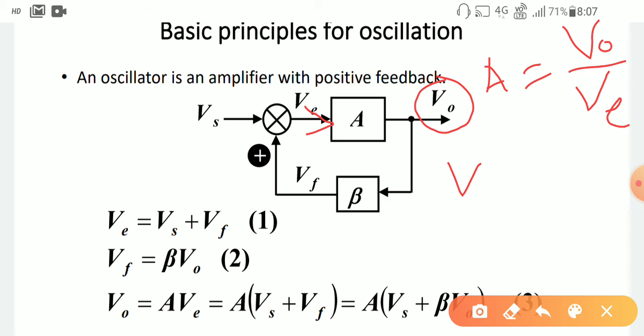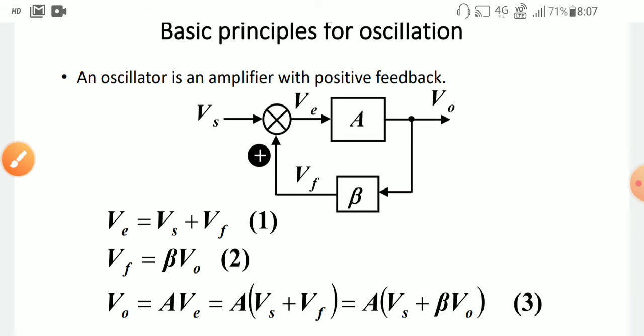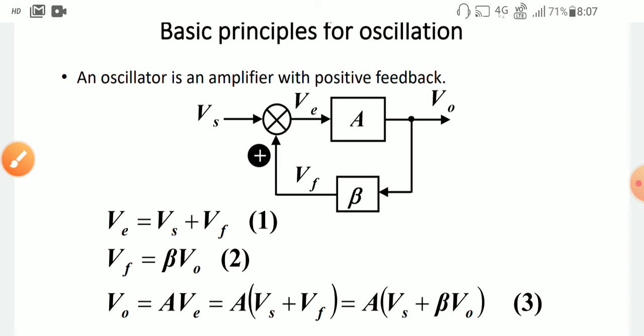So V of 0 is equal to A into V of E. Now put the value of V of E from equation number 1, so the equation will finally come as A into Vs plus V of F. And if the Vf value is put in from equation number 2, you get equation number 3, that is V0 equal to A into Vs plus beta into V0.